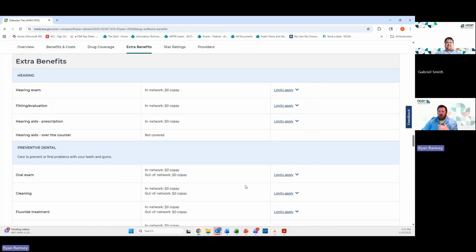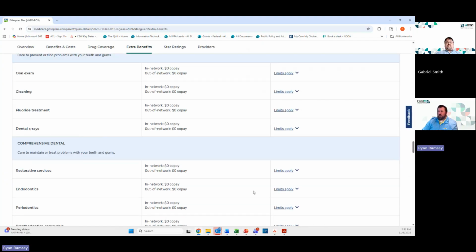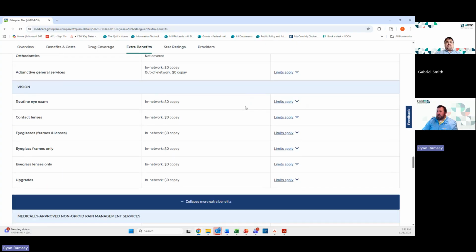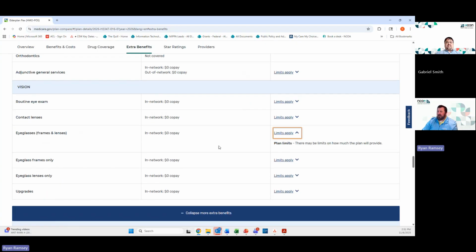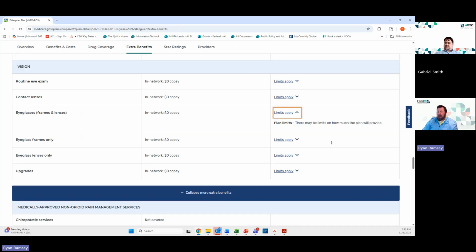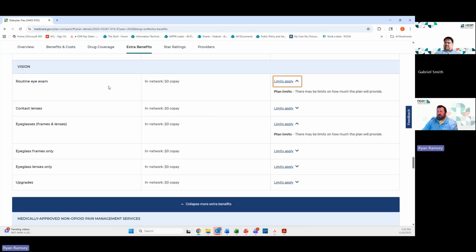What are the limits on, let's just say, for example, his vision is his concern. It says there's plan limits on eyeglasses, for example. What are the limits on my eyeglasses? What are the limits on my routine eye exams, so he can understand those benefits a little better and make sure that he is getting the most out of his Advantage plan as what he wants.